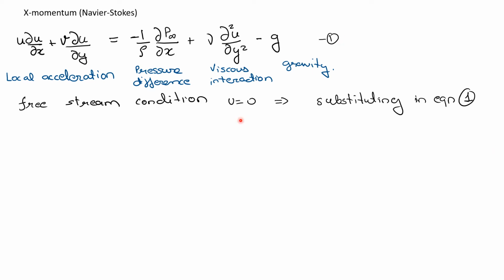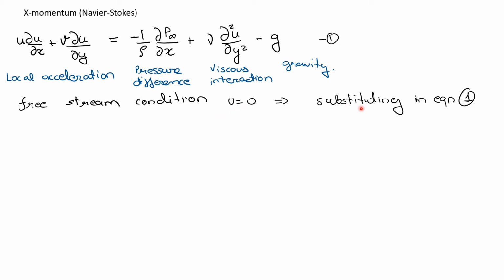So we know that at free stream, outside the boundary condition or far away from the surface, we have u equals 0 if we have natural convection. Obviously we are doing this for free convection, so our u will be equal to 0. There won't be any flow of fluid there.